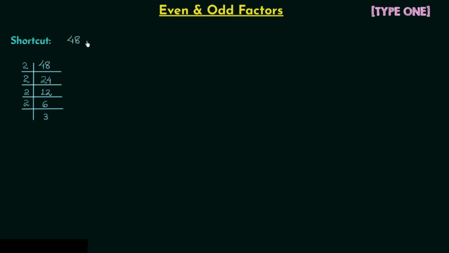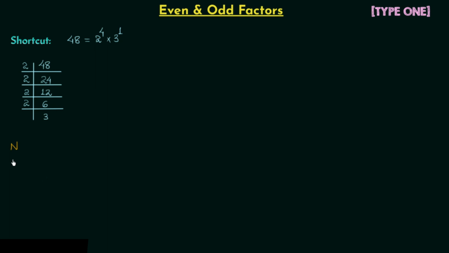So we can write 48 is equal to 2 power 4, there are four 2's, multiplied by 3 power 1, there is only one 3, so the power is 1. Now we will leave this calculation here and move on to our general case.